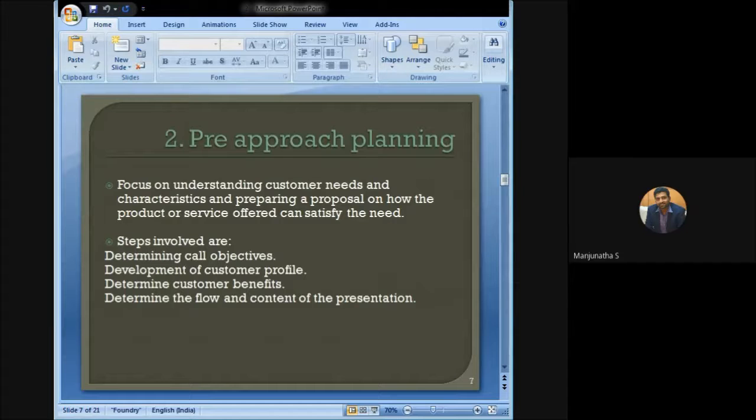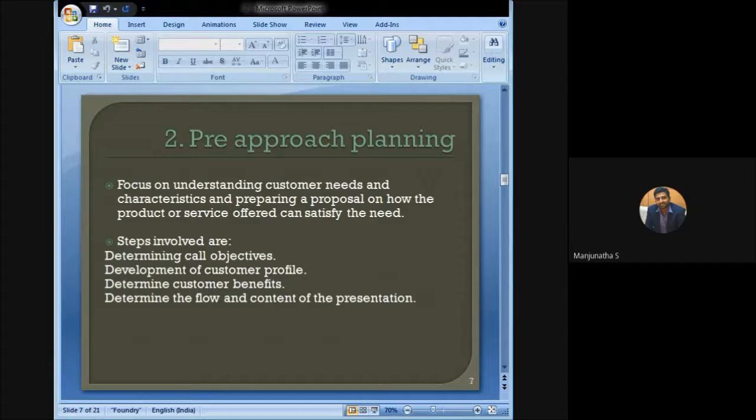So before approaching the customers, we need to do this. Focus on understanding customers' needs and characteristics and preparing a proposal on how the product or services offered can satisfy the need. We have to understand the customer's needs and wants, and what characteristics or what nature the customers have, and we have to prepare a proposal according to their need and expectation.